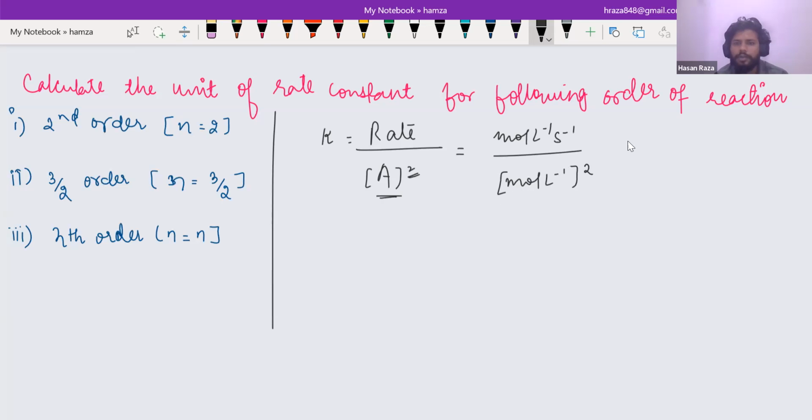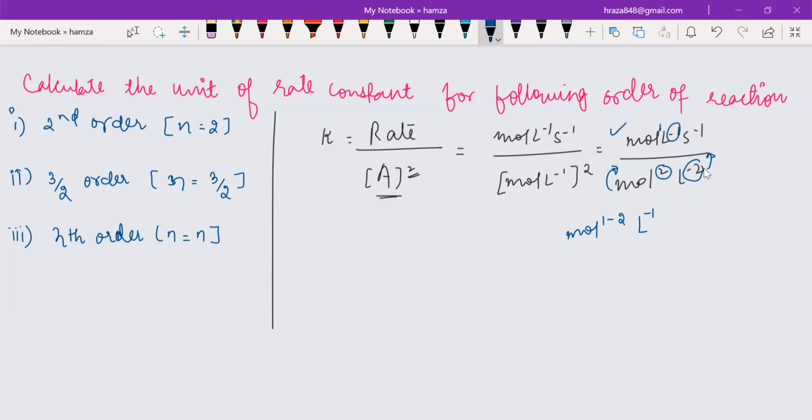Now, this will basically be mole per liter per second upon mole square and liter raised to the power minus 2, because it has a square. Now you need to just solve it. In the numerator you have mole raised to the power 1, and in the denominator mole raised to the power 2. When it moves to the numerator, the sign will change: 1 minus 2, so this is minus 1, and this is minus 2.